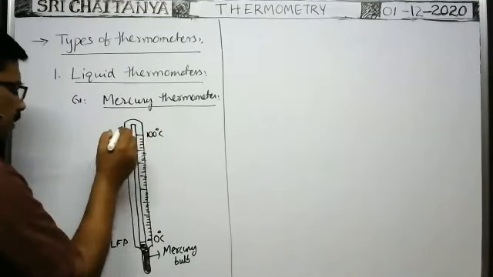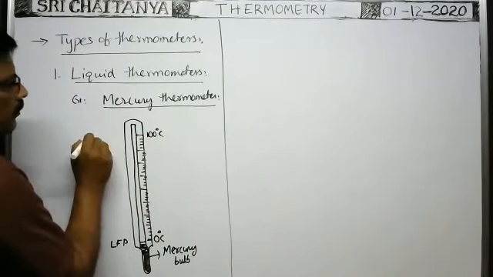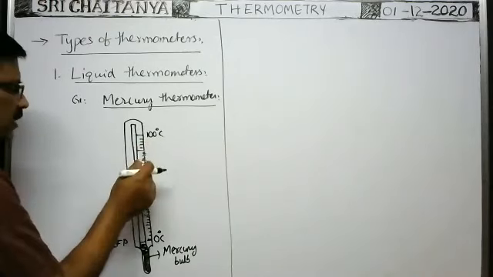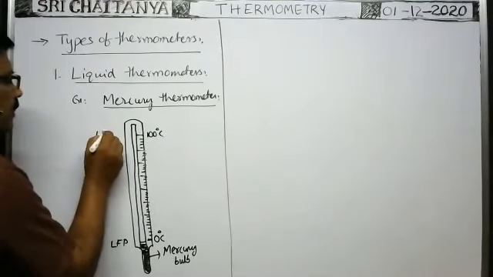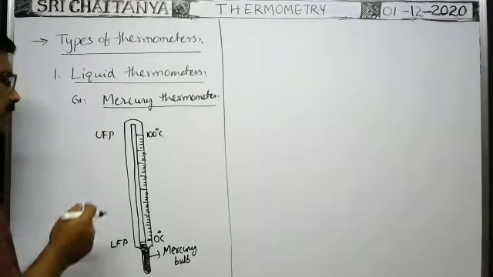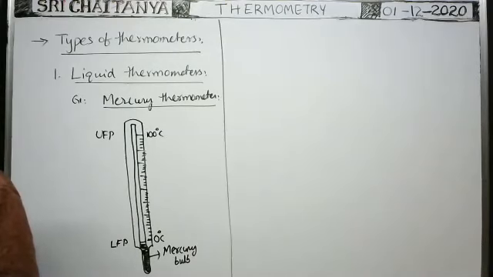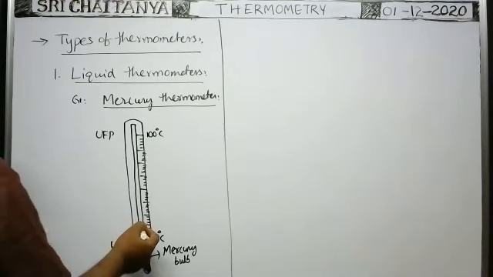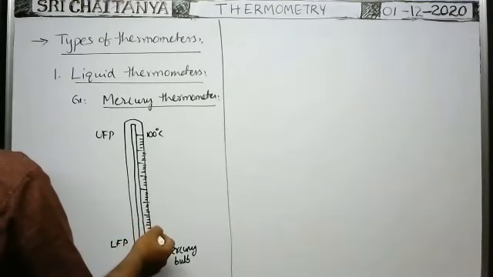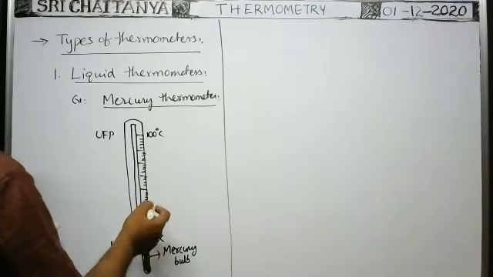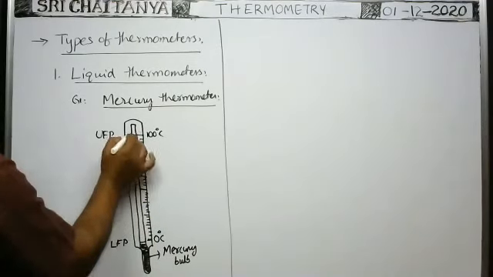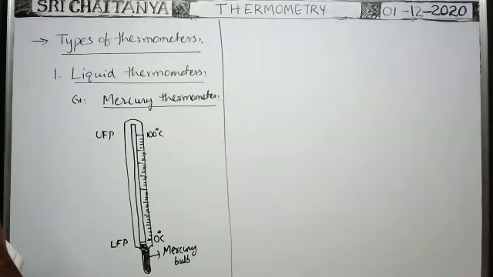That means lower fixed point and upper fixed point. The upper fixed point is the boiling point of water. Whenever the temperature of the mercury is exactly 100 degrees centigrade, the mercury level rises up to this mark. In such a way, a scale is drawn on the thermometer.